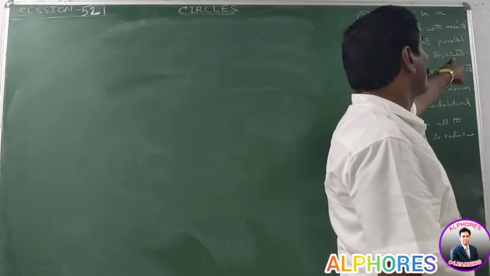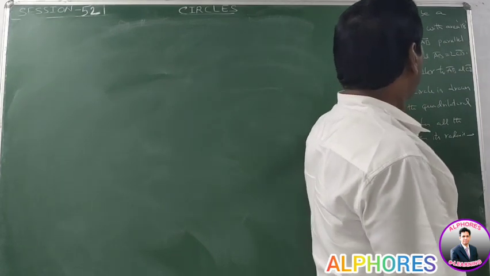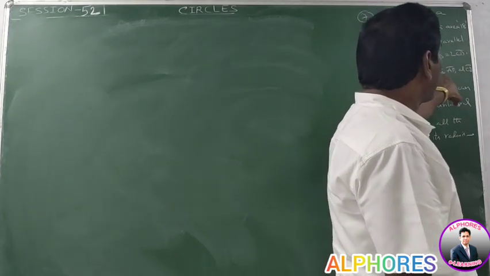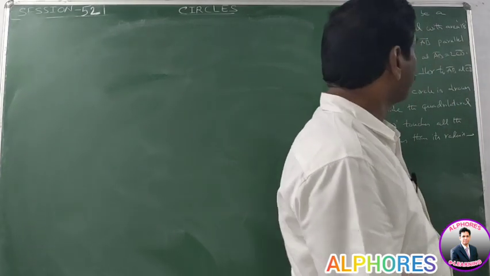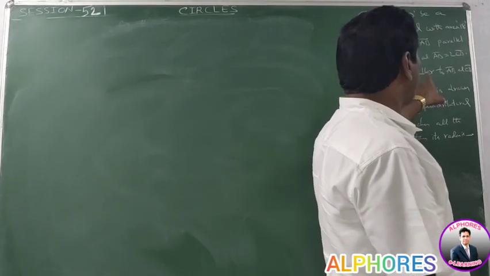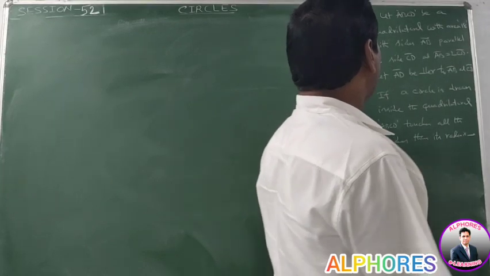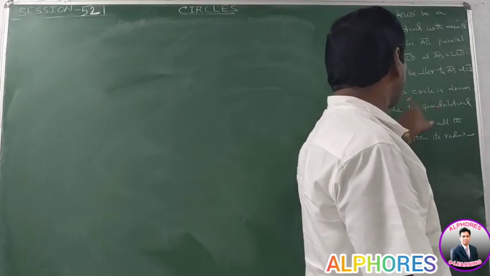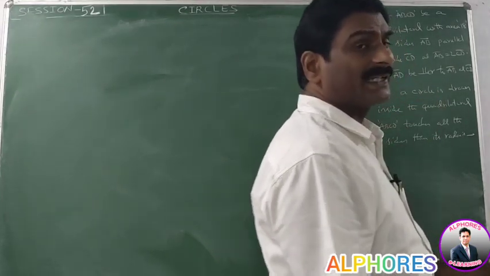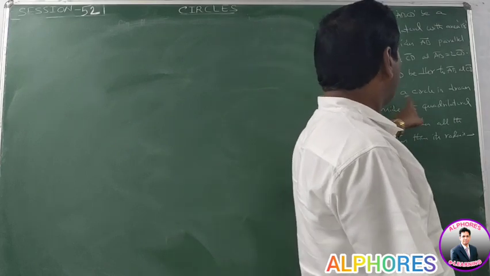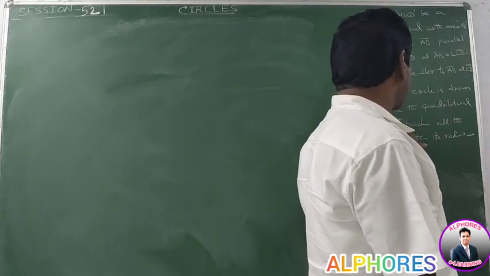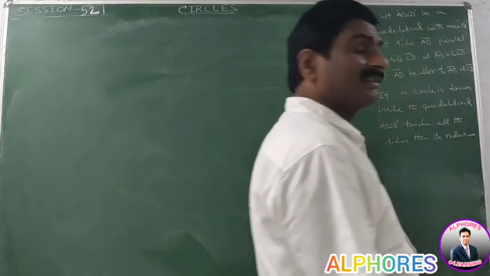Length of AB is equal to 2 times CD. Let AD be perpendicular to the sides AB and CD. If a circle is drawn inside the quadrilateral ABCD and touches all the sides, then the radius of that circle is dash.